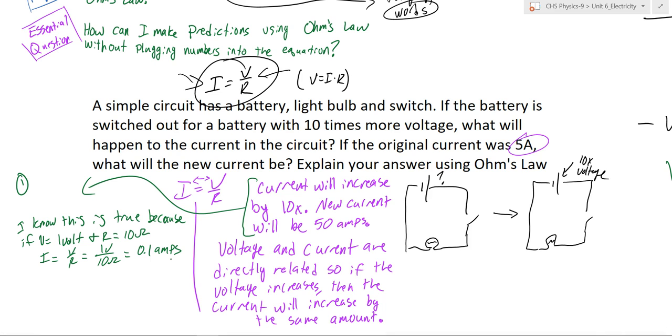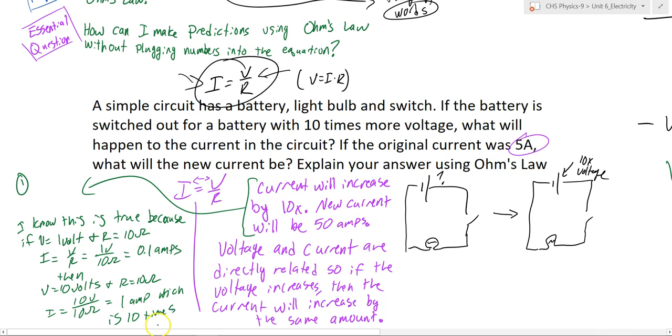And then we could have V equals 10 volts and R equals 10 ohms. You could say that I equals 10 volts divided by 10 ohms. We'd end up with 1 amp, which is 10 times bigger.